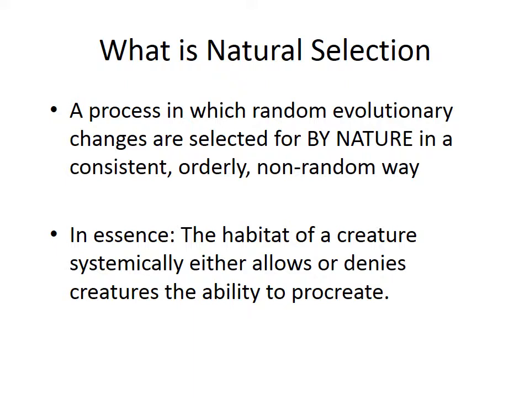So in essence, the habitat of a creature systemically either allows or denies creatures the ability to procreate based off of those random evolutionary changes. If you're comparing the two, you could see evolution as a random thing, natural selection as kind of what guides the randomness.